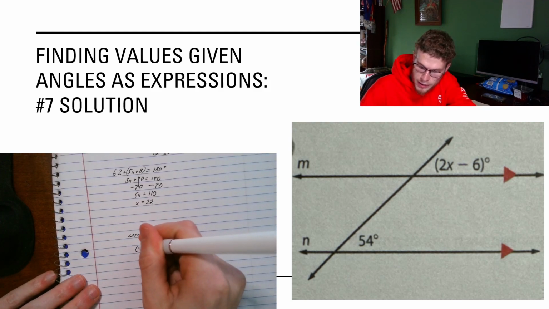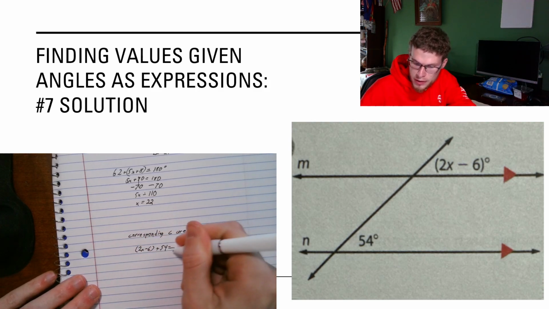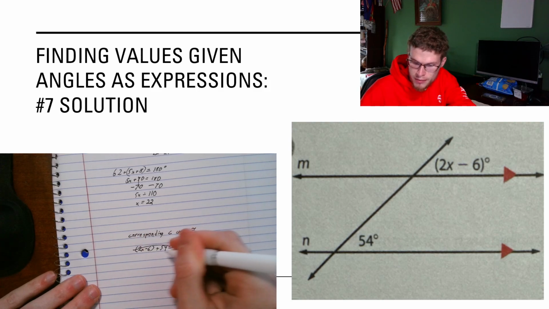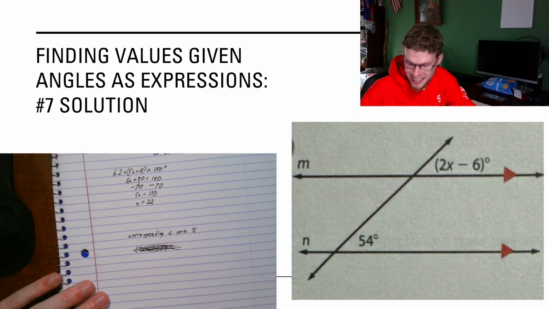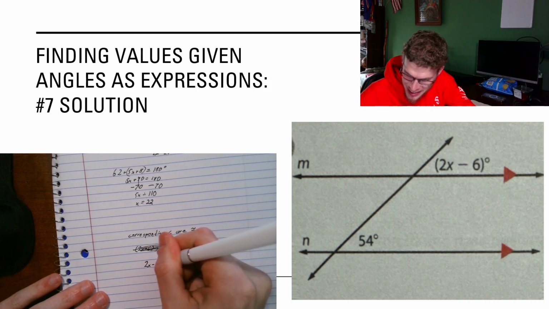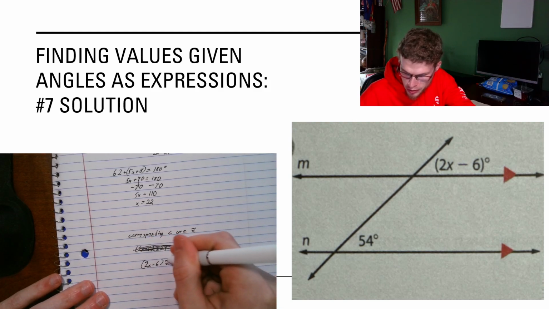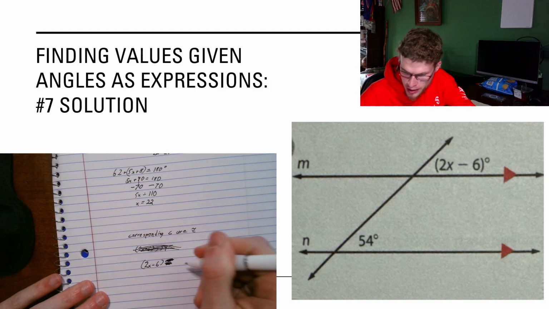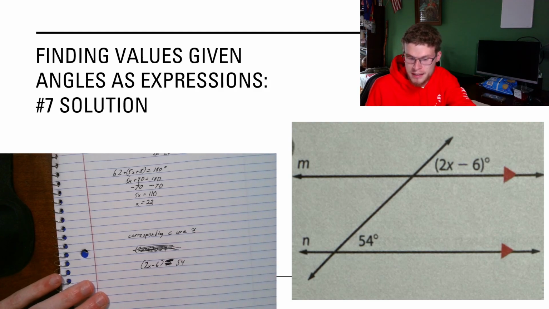So 2x minus 6, plus 54 equals, oops, did you see my mistake there? I just told you they're corresponding angles. The quantity 2x minus 6 is equal to, sorry, I'm definitely having a little bit of a shake up here, 54. That is your equation.